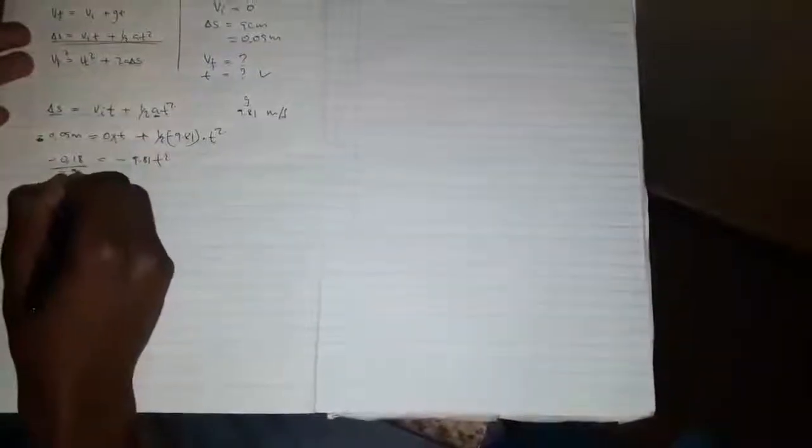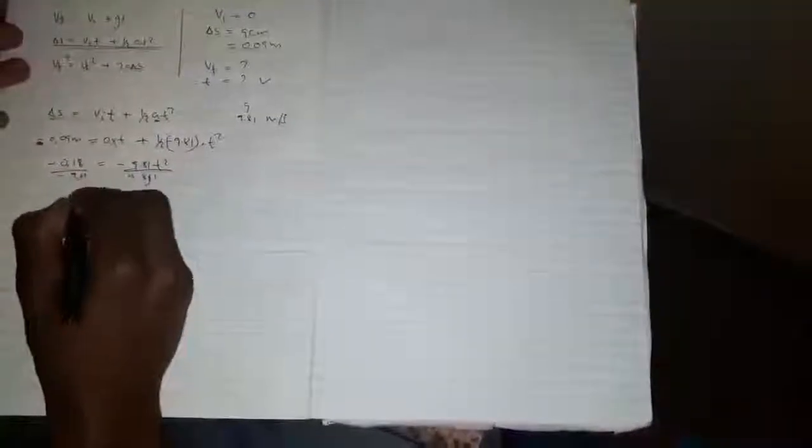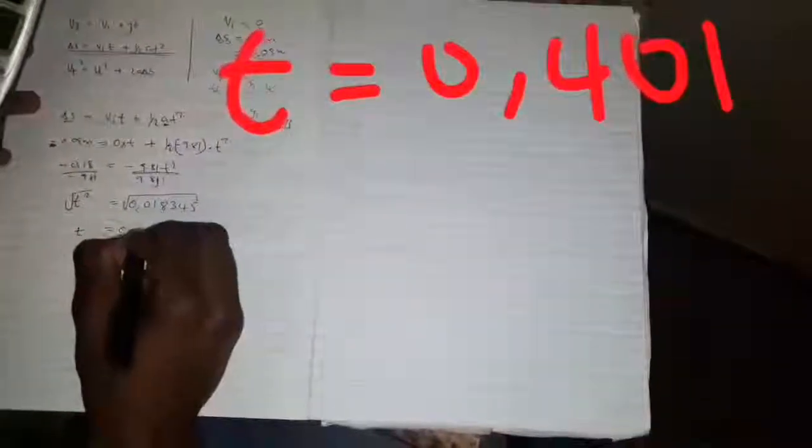Then divide by minus 9.81. Then t squared equals 0.018345. Then we take the square root, and t is equal to 0.14 seconds.